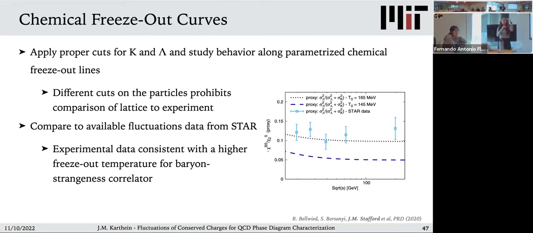So again, it's kind of the upper and the lower bands of the transition line. We see that this proxy that was constructed from STAR data, which was already measured, agrees better with a higher freeze-out temperature, which is indicating that there's some interesting flavor dependence at freeze-out. Maybe that the strange particles require a higher temperature.